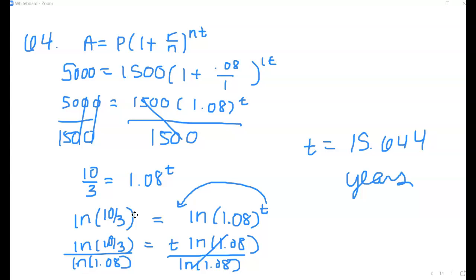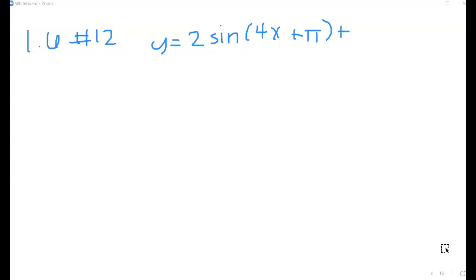But if you want to go over, maybe graphing another trig function, 1.6, problem number 12, is a great example. So it is y equals 2 sine 4x plus pi plus 3.